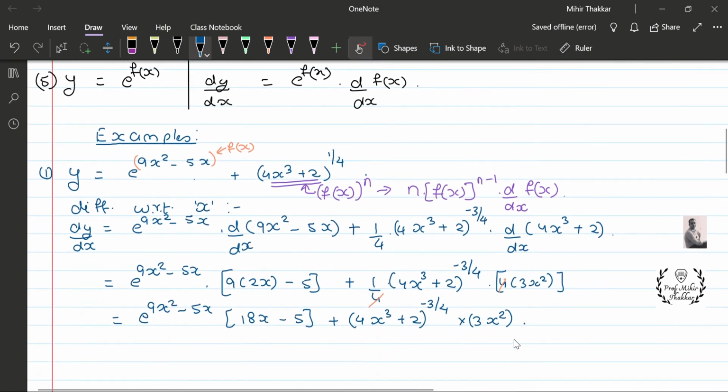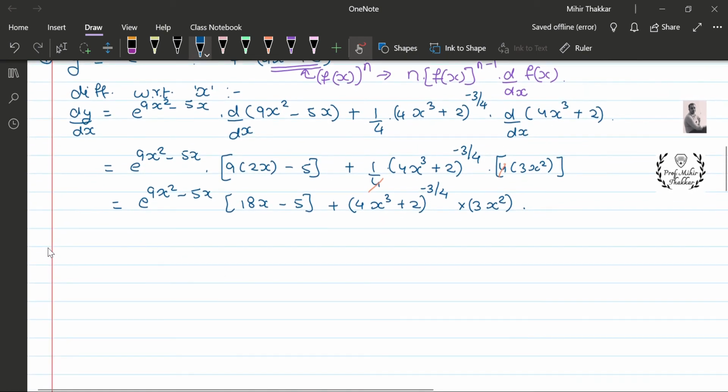Okay guys, one more example I will take. Example 2: y is equal to log of (9x plus 1) multiplied by 5 raised to 7x. Let us see what we can do in this sum.